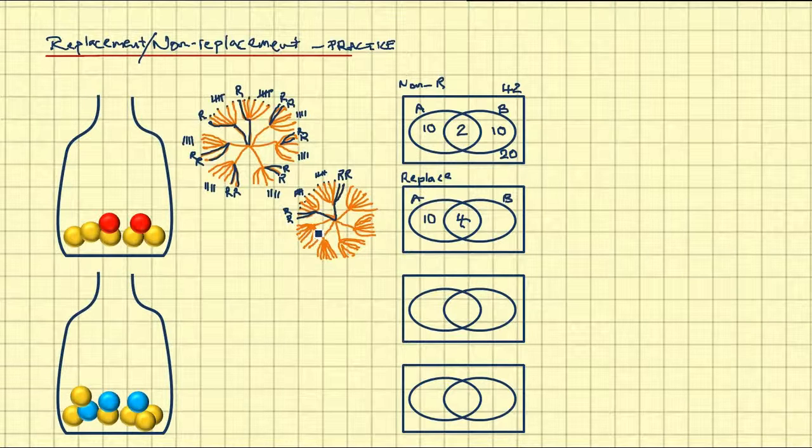We've got a red and a red, a red and a red, a red and a red, a red and a red. So again, we've got 2, 4, 6, 8, 10 opportunities of only picking red in the second draw.